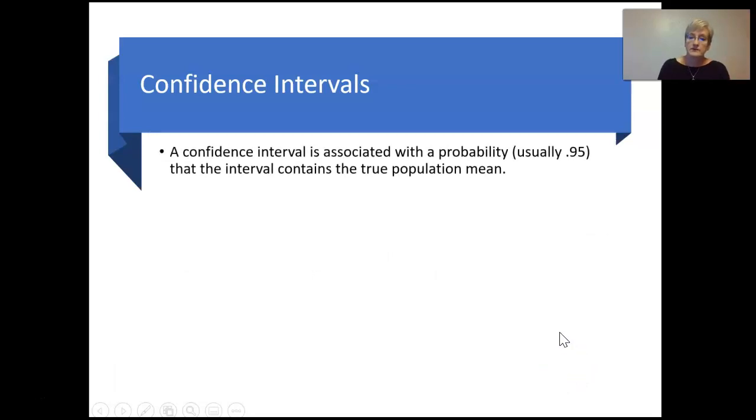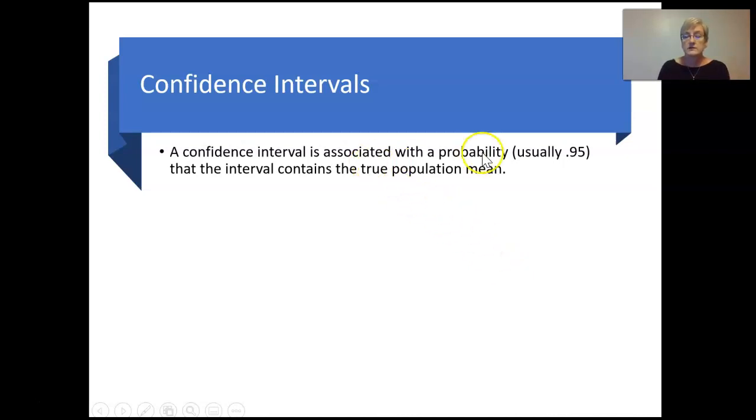Now, if we were using confidence intervals, and you should understand that confidence intervals and null hypothesis testing are related. We use confidence intervals when we're doing null hypothesis testing. But you could test your hypotheses using confidence intervals more directly.